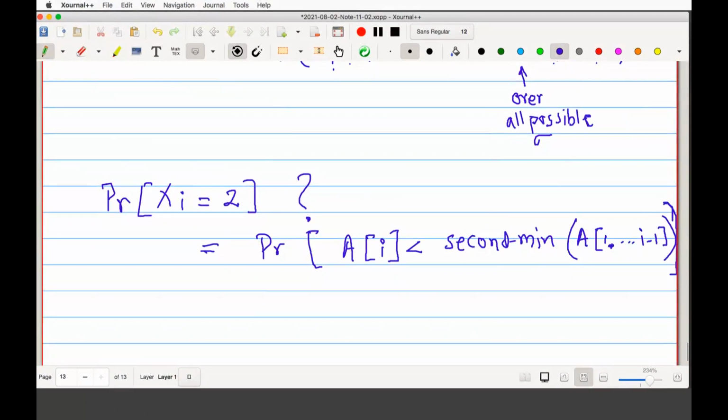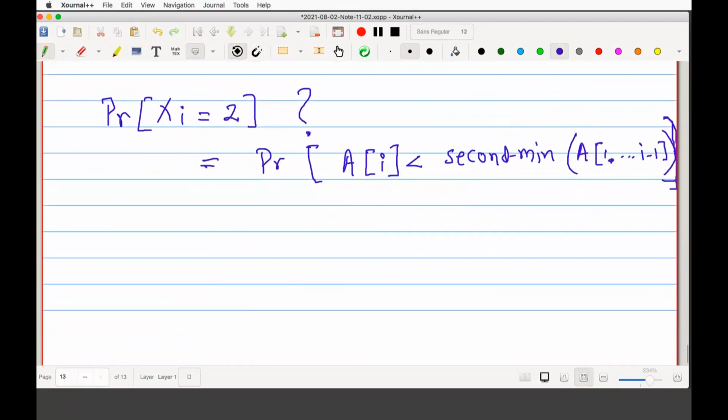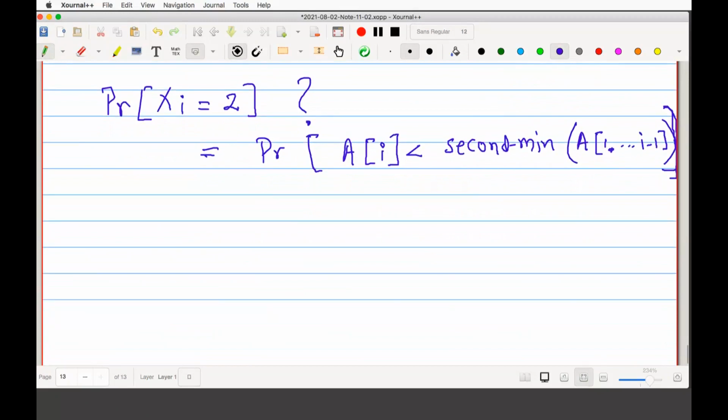Whatever elements you have seen so far, what is the second minimum, and what is the probability that AI is less than that second minimum? Any ideas how to compute this probability?